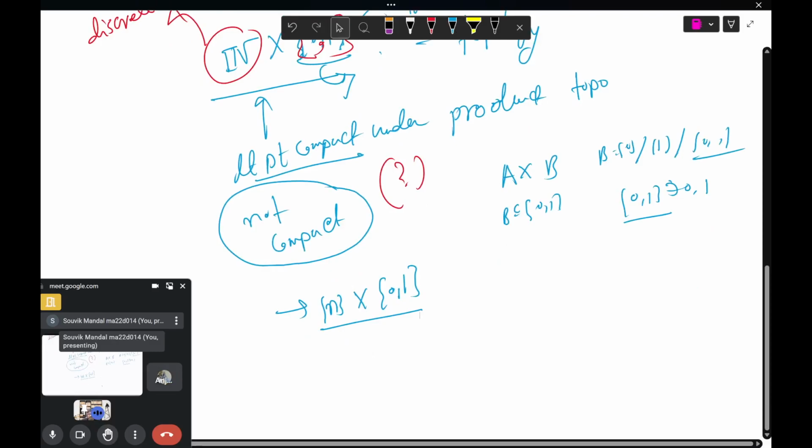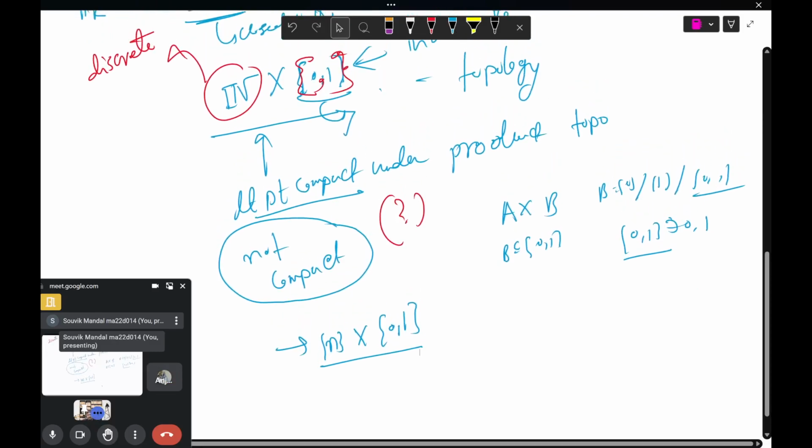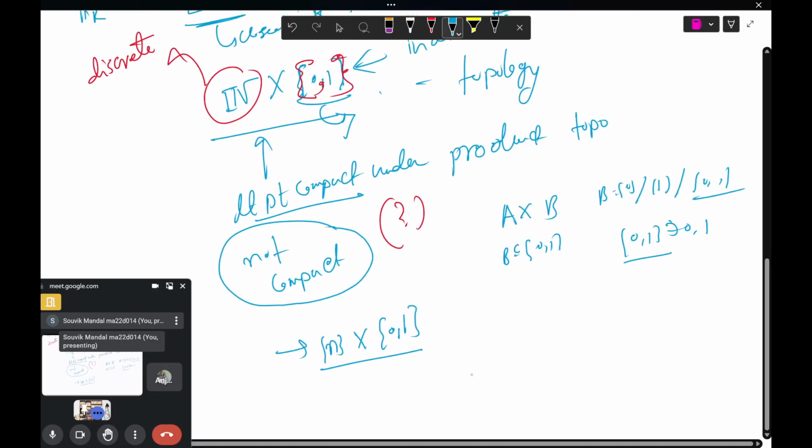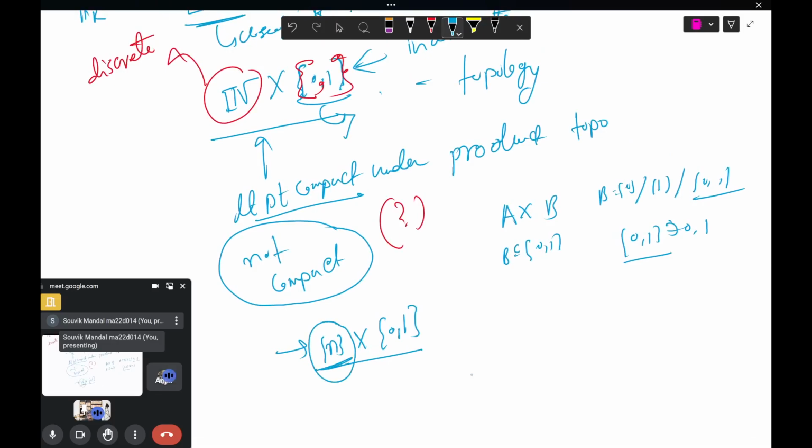Yes. You told that all possible subsets of N exist, right? But only singletons {n} where n belongs to N, and for each n, if you consider this, then this also forms a cover. So this will not have a finite subcover, right? Anyway, your argument is correct.